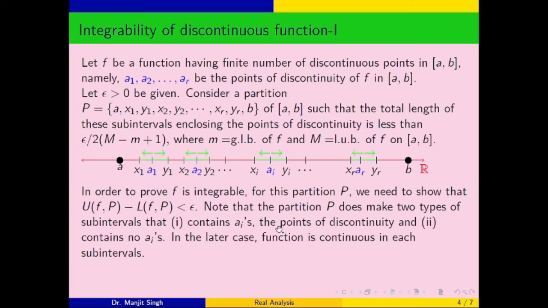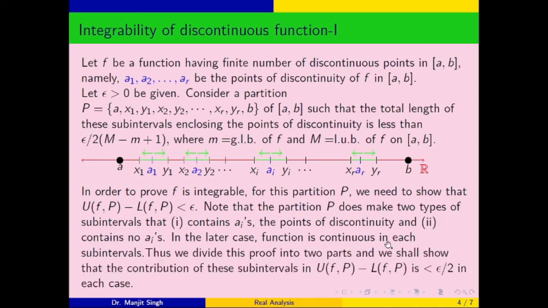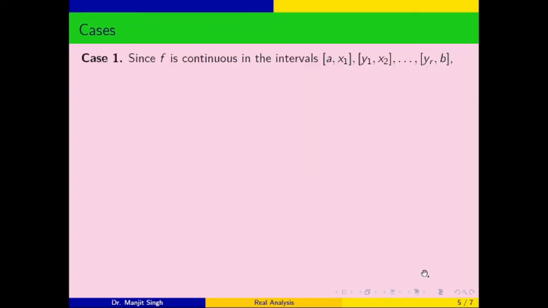One contains points of discontinuity, and the other has no point of discontinuity, meaning the function is continuous in each such subinterval. Thus we divide this proof into two parts, and we shall show that the contribution of each of these is individually less than epsilon by 2. So we discuss the two cases here.